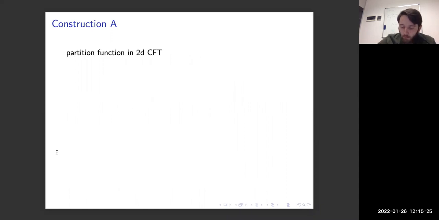Okay. Now we can say something about CFTs. A partition function in a 2D CFT can be defined as a sum over states with some exponential of the energy, or here specifically the weight and Casimir. And if the CFT has a larger group of symmetries, then these states might organize themselves into groups, and these can be expressed as characters, and then you sum over all primaries of the symmetry.